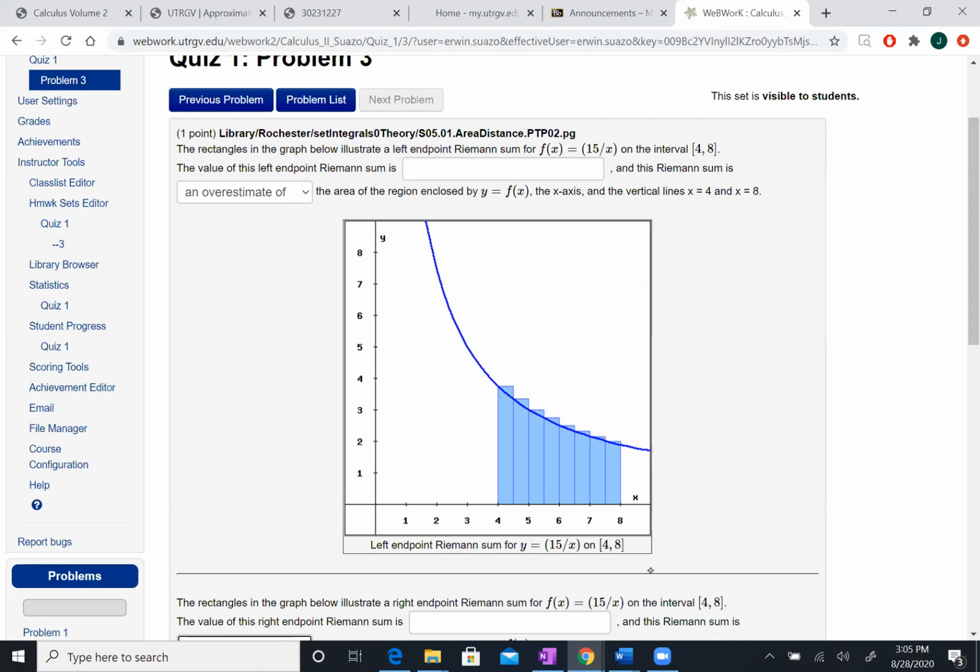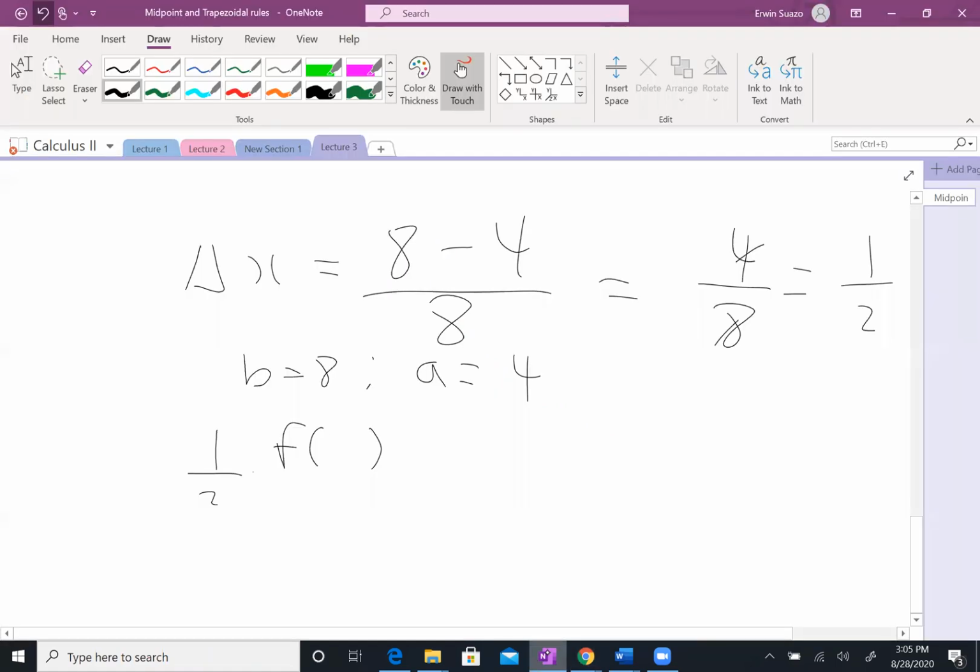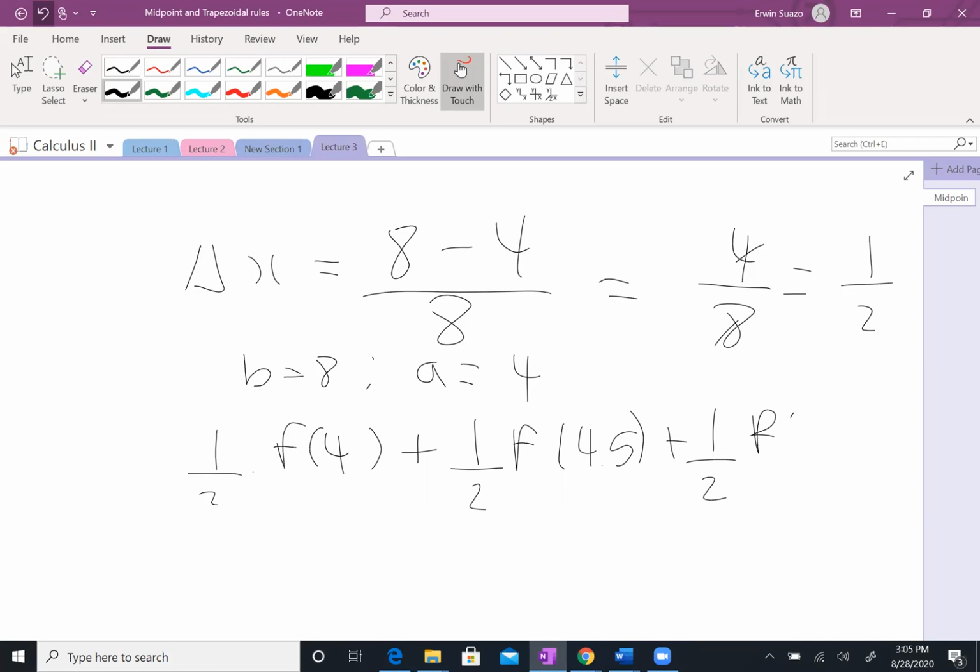So you are shooting on the left hand side of the rectangle. So you shoot at 4, right? So this is f of 4, plus 1/2 f of 4.5, plus 1/2 f of 5, and so on. Okay.